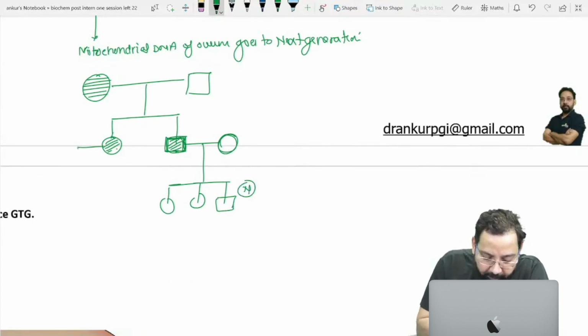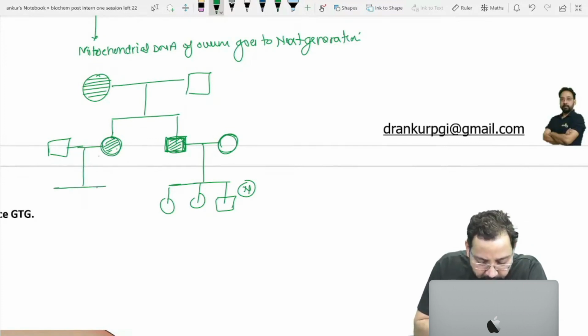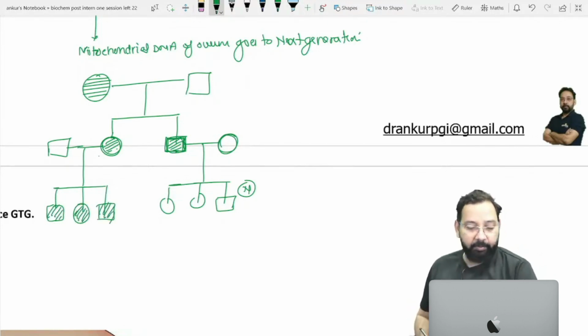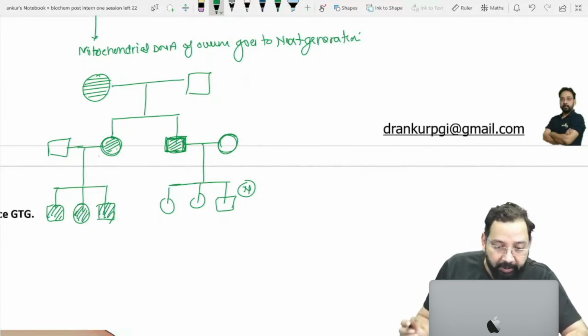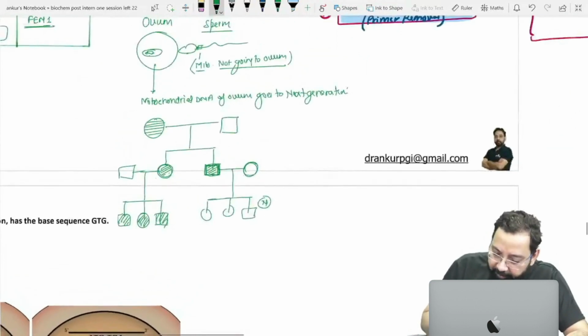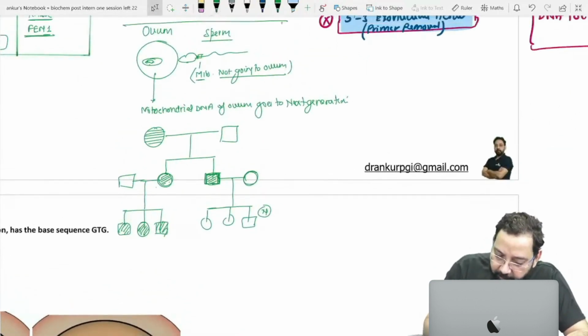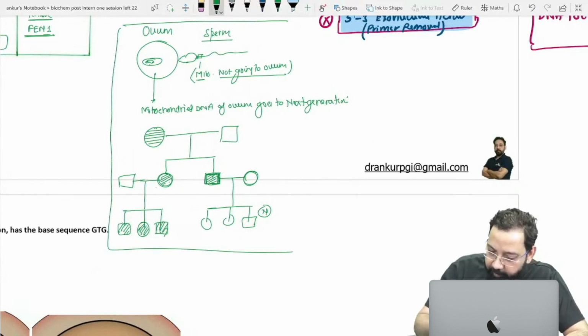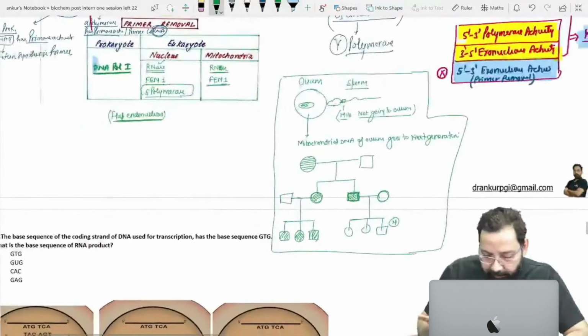But if an affected mother marries a normal male, then all children would again be affected. Do you agree with this? Many things are discussed in pathology, so I don't discuss further, just have an idea.